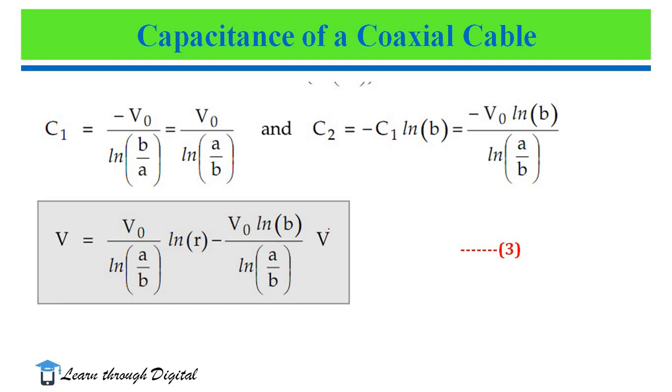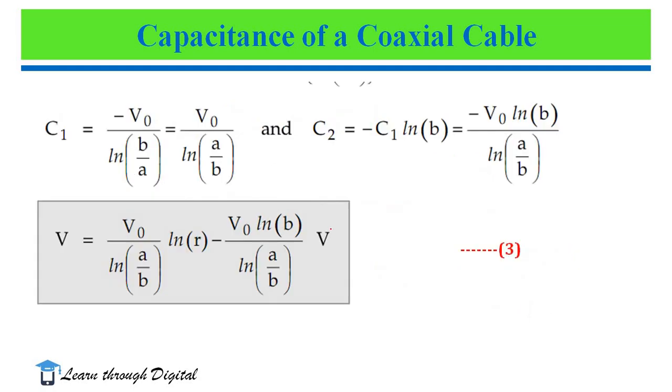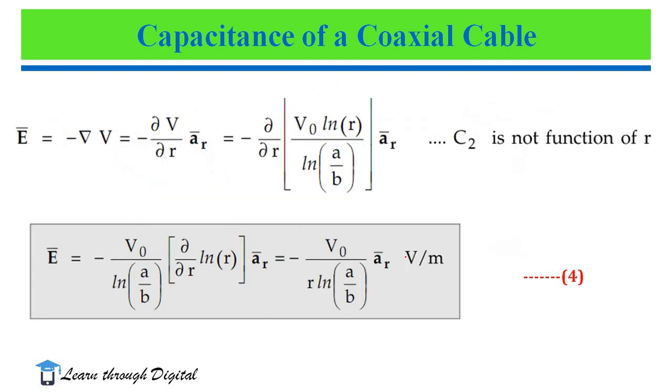Now C1 is equal to V naught by ln A by B. C2 is equal to minus V naught ln B by ln A by B. Now we substitute the expressions for C1 and C2 in equation 2, and after substituting C1 and C2, we get equation 3.